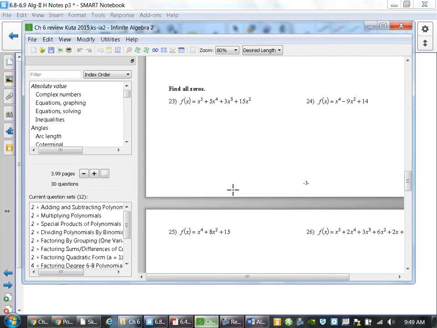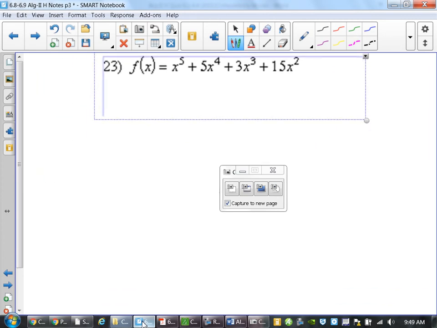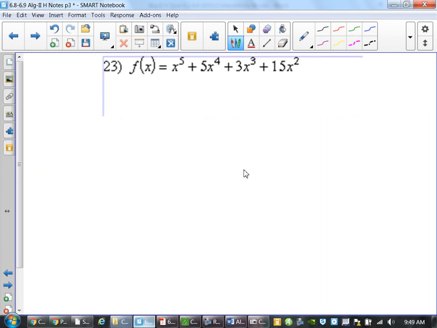Find all the zeros. So I have a fifth degree polynomial, which means I should have possibly 5 zeros. In this case you will notice that you have 4 terms. I can group. If I group it, I'll get my GCF that way. Take out the x to the 4th, I get x plus 5.